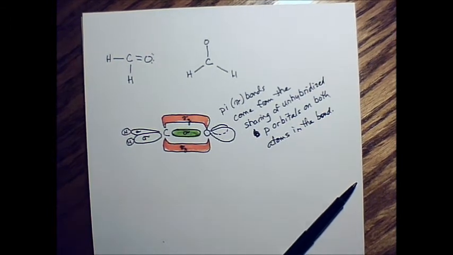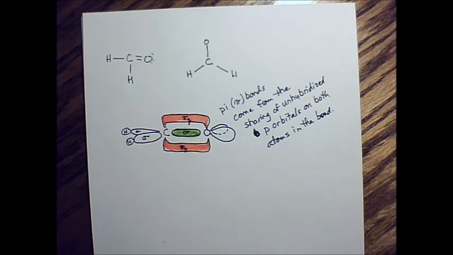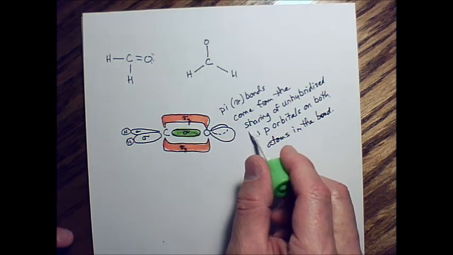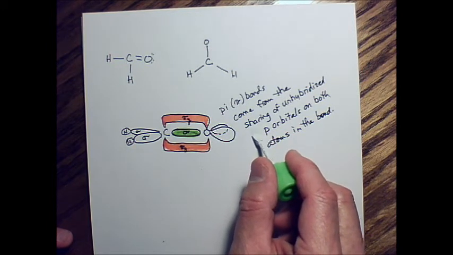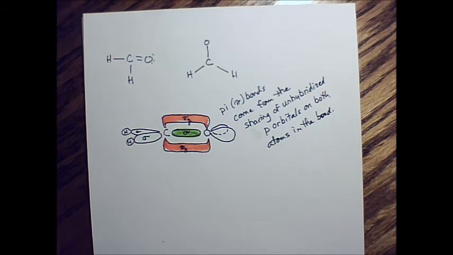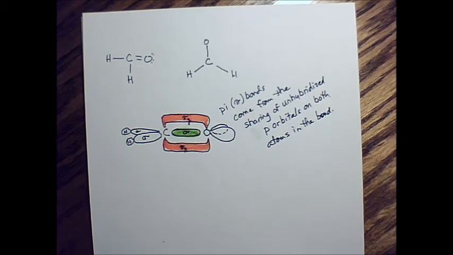Okay? Yes? How do you know not to put hydrogen, like carbon and then the sigma line and then hydrogen? How do you know which one to put where? I'm not sure I understand the question. How do I know which one to put what?